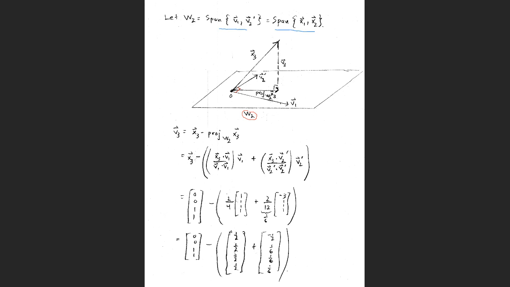X3 is drawn outside the subspace because it's clear that X3 is not contained in the subspace spanned by X1 and X2. You can't write X3 as a linear combination of X1 and X2. So X3 has to be drawn outside the subspace.